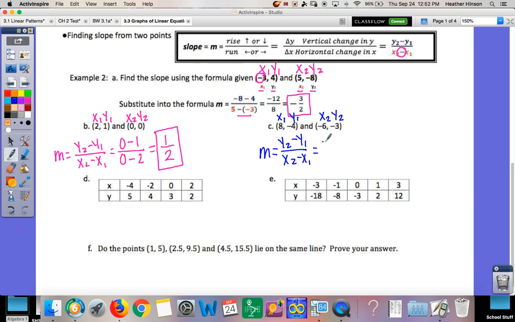Y2 is negative 3 minus Y1 is negative 4. Make sure you get that minus in the middle and the negative 4. You have to have both. On the bottom, X2 is negative 6 minus X1 is 8. And we just plug it in.